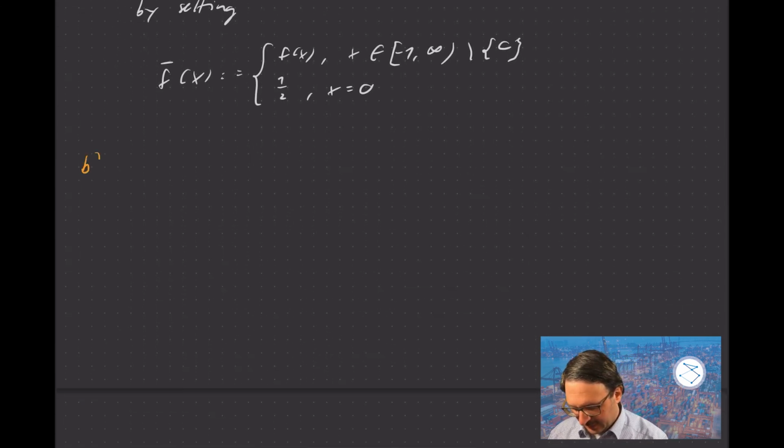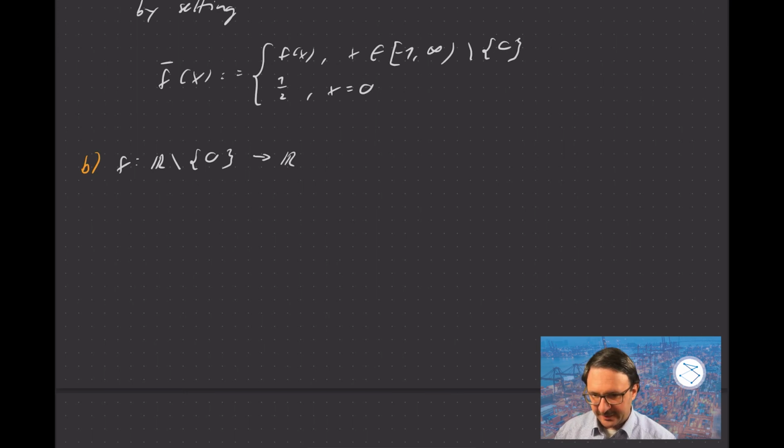Part B, final example here. That's a counterexample now, showing that not every function can be continuously extended. So if we have a look at the function defined again on R, with the exception of 0, codomain is R again. Another function is f of x equals 1 over x.